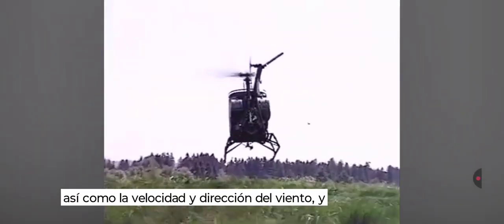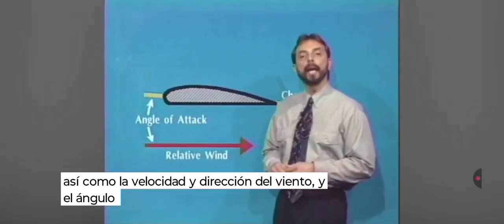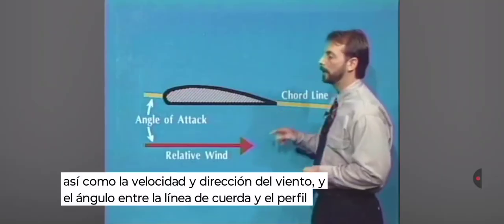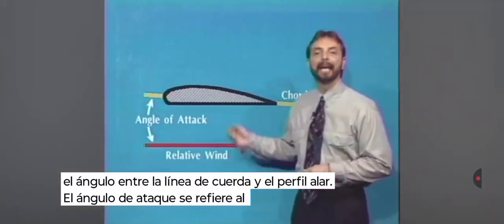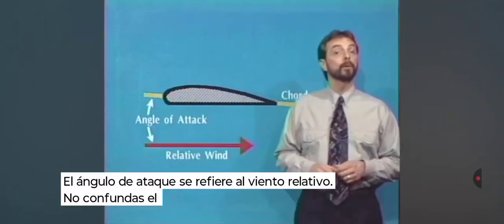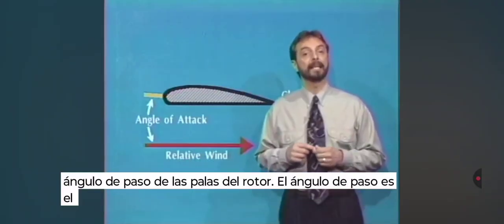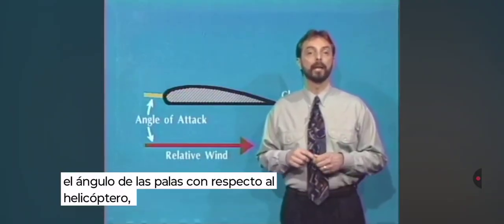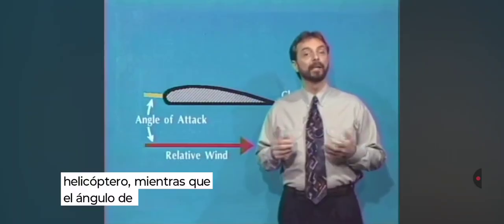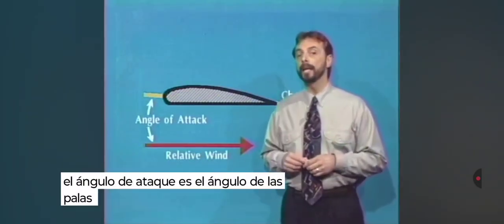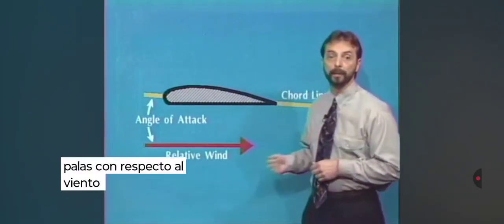Also, wind speed and direction. The angle between the chord line and the relative wind is the angle of attack. Don't confuse angle of attack with pitch angle of the rotor blades. Pitch angle is the angle of the blades relative to the helicopter itself. The angle of attack is the angle of the blades relative to the oncoming wind.